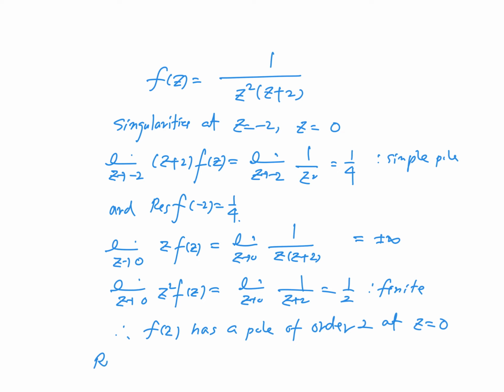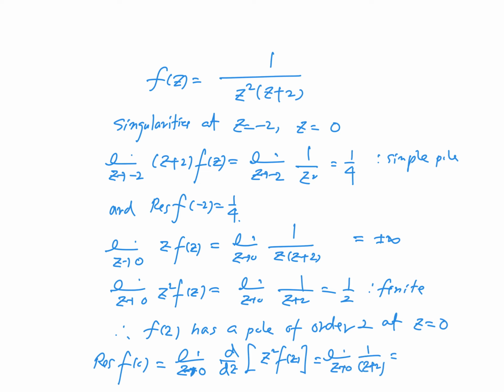So the residue of f at 0 is the limit as z approaches 0 of the derivative of z squared f(z). So this limit, the derivative of 1 over (z plus 2) is minus 1 over (z plus 2) squared, which is minus 1 over 4. So that's your residue.